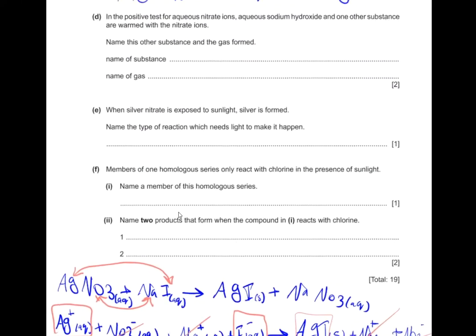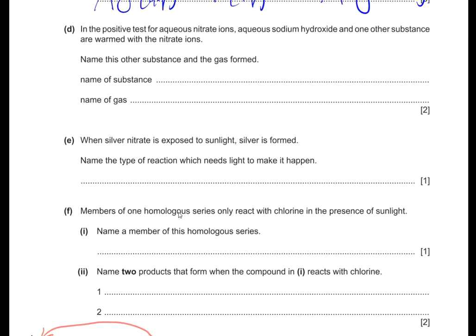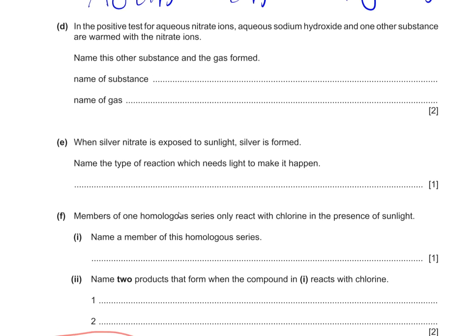Now let's go to question D. In the positive test for aqueous nitrate ions, aqueous sodium hydroxide and one other substance are warmed with the nitrate ions. Name the other substance and the gas formed.